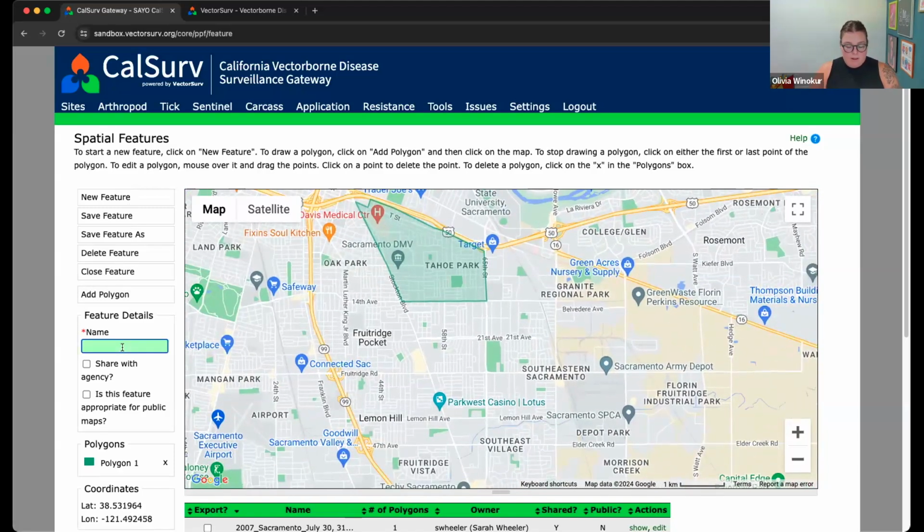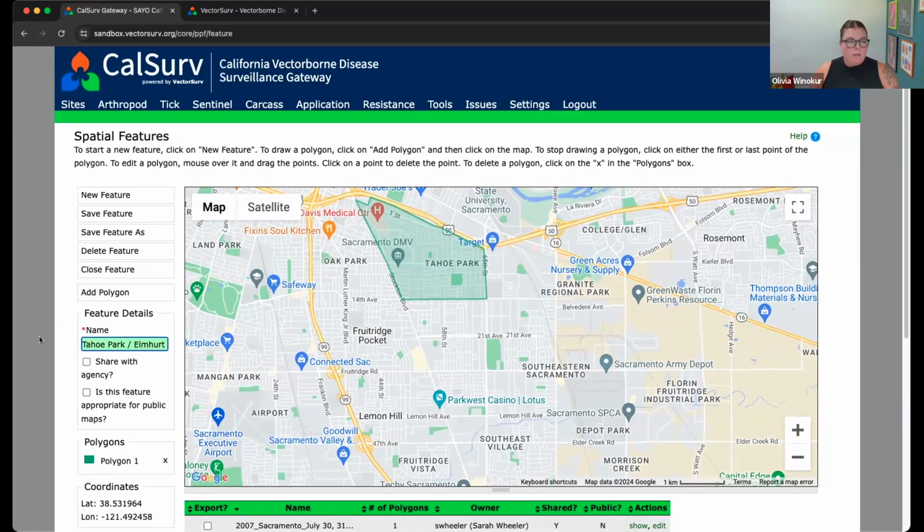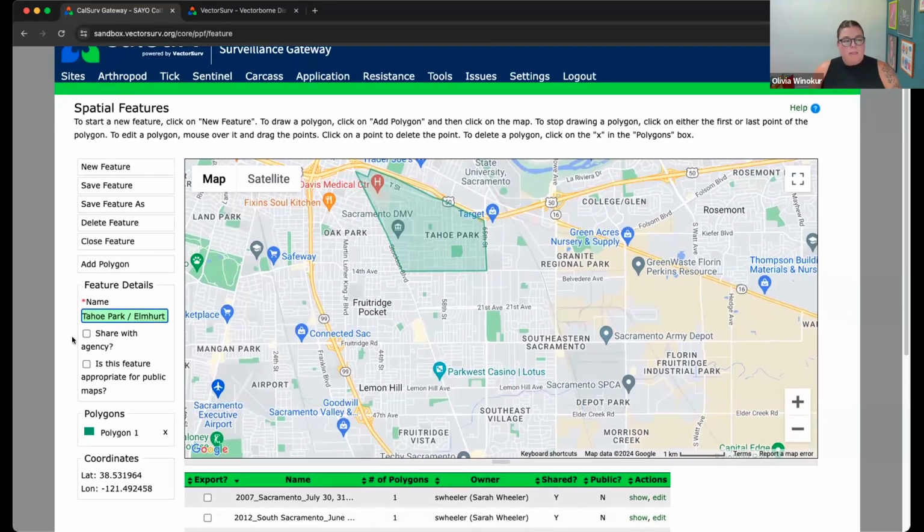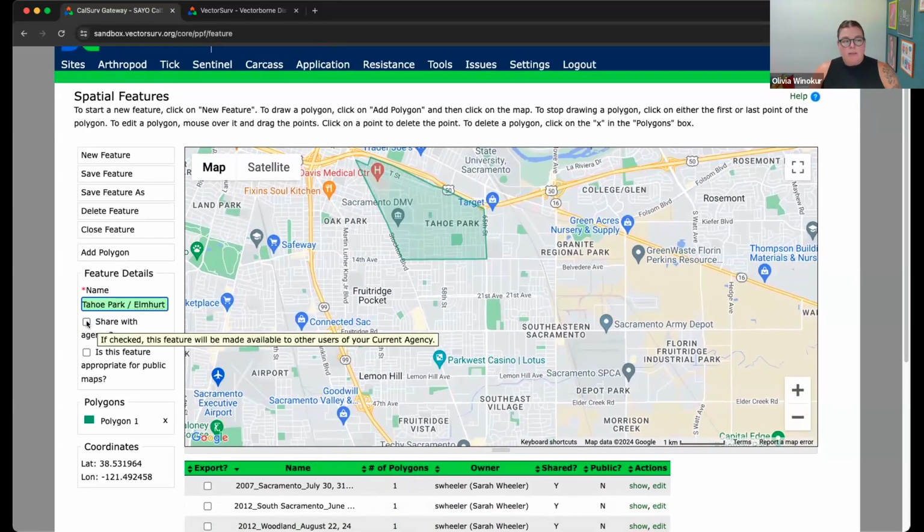I can name that polygon. So I can call it Tahoe Park / Elmhurst if I want to. There are two questions here, share with agency. If I don't want to share it with the agency, I'm just creating the spatial feature just for myself and for my account.